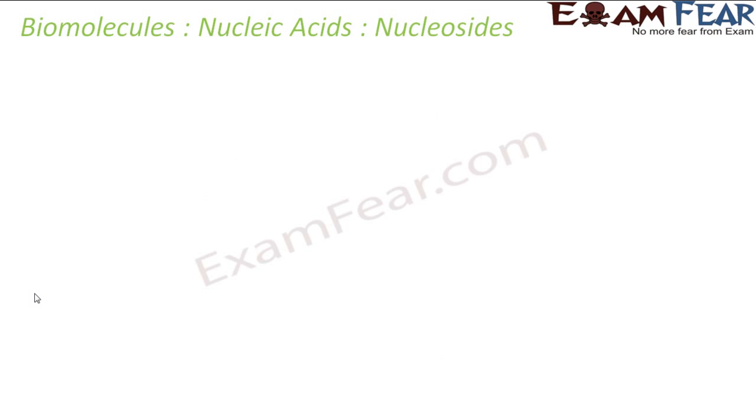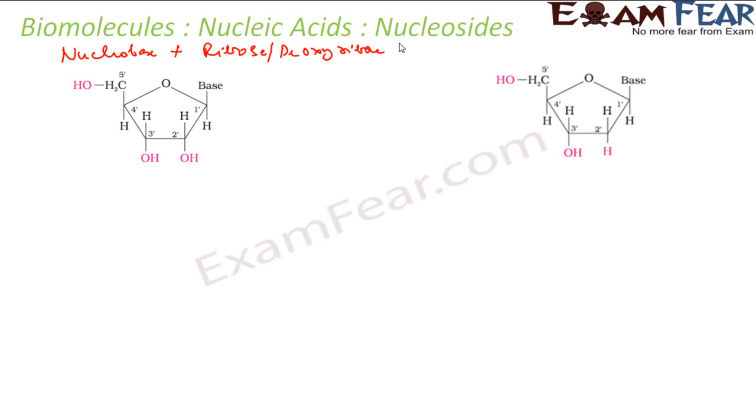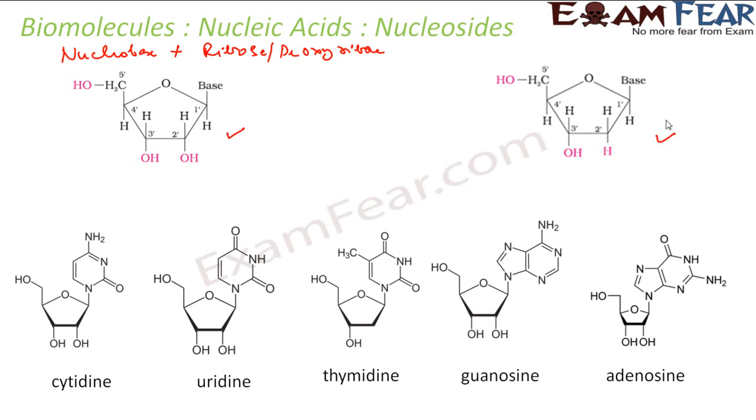If you talk about nucleoside, a nucleoside is nothing but a nucleobase, which we have just discussed, bound to a ribose or a deoxyribose, any of these. For example, this is my ribose, this is deoxyribose. It is bound to all these bases.